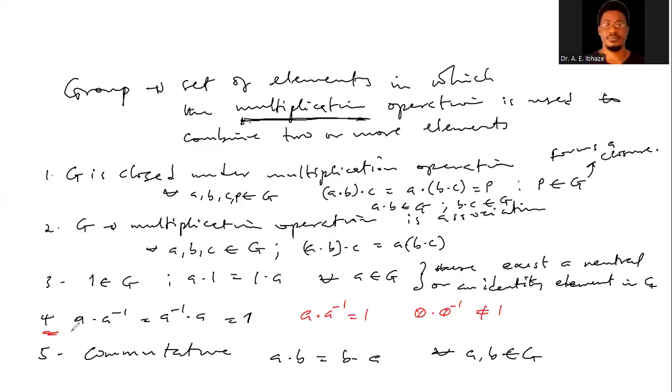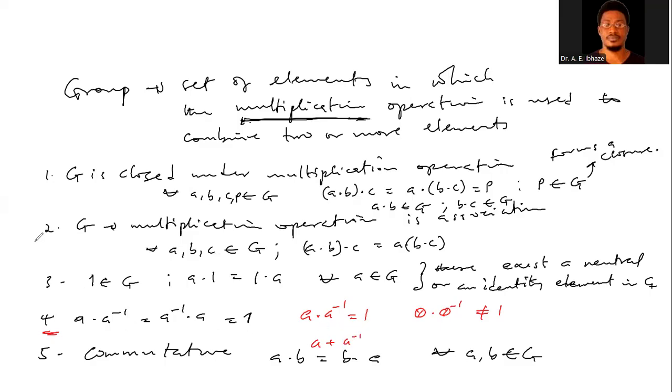When we are considering multiplication operation. But if we consider addition, for instance, then 0 is a neutral element. Now, 0 will be a neutral element if we are considering addition operation for a group, in the sense that A plus A inverse, or let's not use A inverse because we are not dealing with multiplication or division.